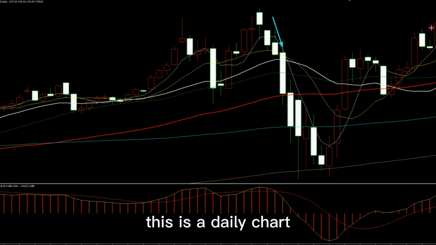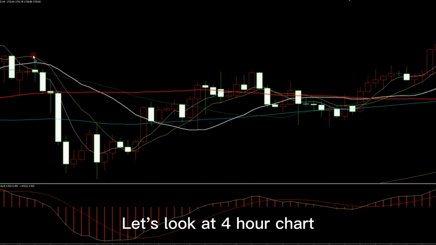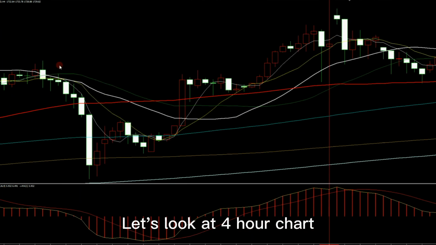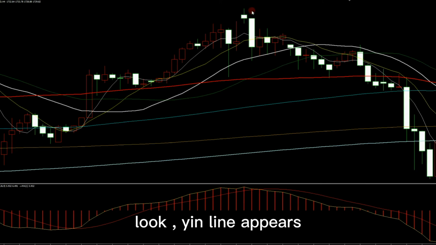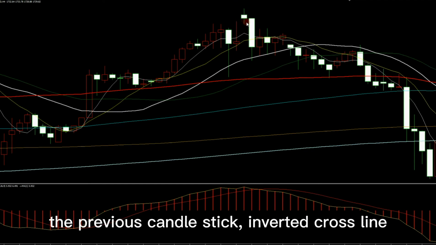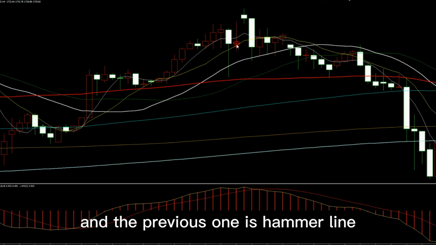This is the daily chart. Let's look at the 4 hour chart, the entry point. Look, an inline appears. The previous candlestick is an inverted cross line, and the previous one is a hammer line.